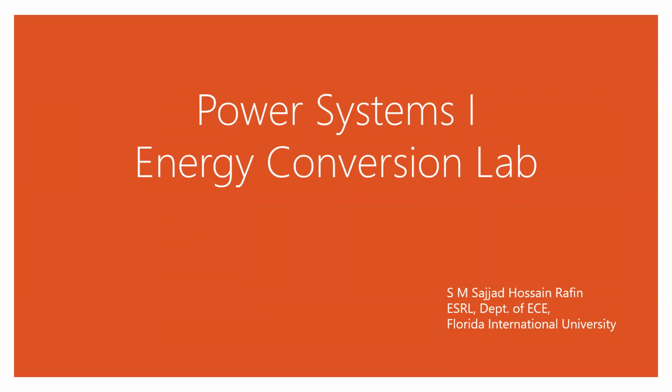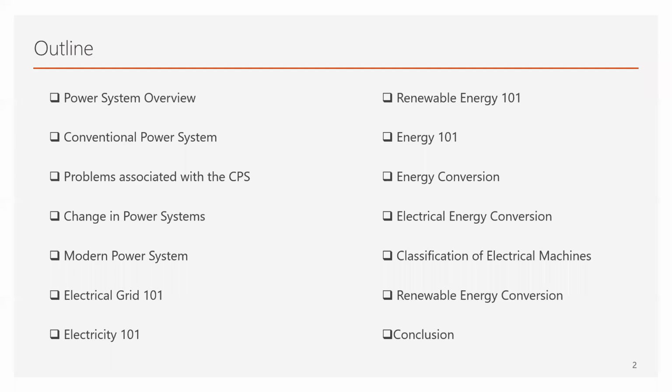Because the theoretical aspect of Power System 1 covers energy conversion, especially electrical energy conversion. In this lab, those theory parts will be demonstrated, and I'll be showing those to you.